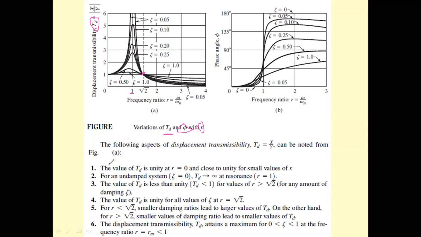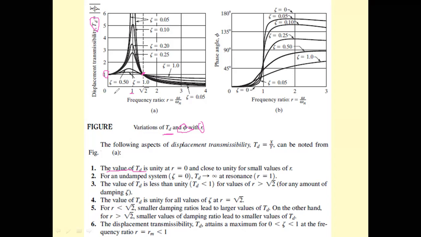The first conclusion is that the value of motion transmissibility or displacement transmissibility, TD, is unity when the value of r is equal to 0, and close to unity for small values of r. So if you see, for small values of r from 0 to say 0.25, or say 0.1, it is close to unity.